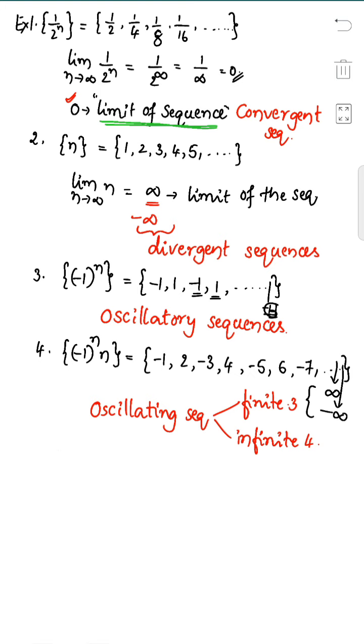We know from the concept of limits: let's say the limit as n tends to infinity of the function f(n) is L, and the limit as n tends to infinity of g(n) is m. Then there are some algebra of the limits.